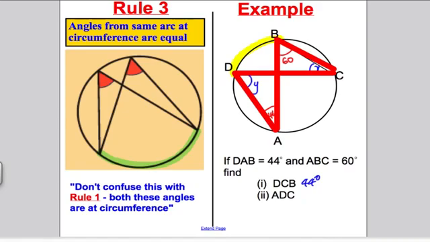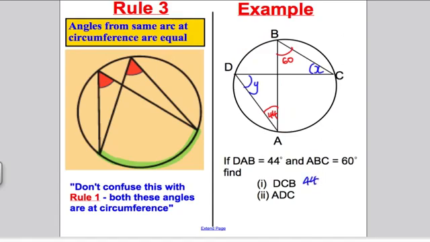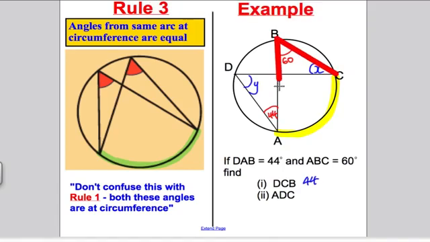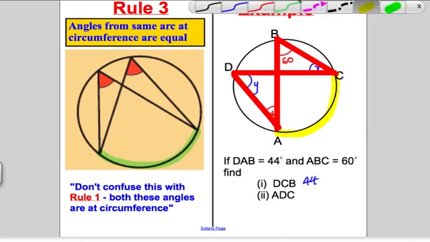Take those away for now. And then to find the other arc here, AC, what angles are coming out of this? Well, the 60 is coming out of it there, and also the Y is coming out of there. So angle ADC must be equal to 60. So this one is 60 here.